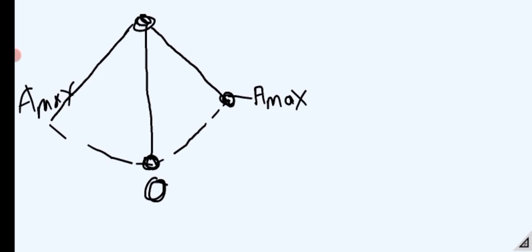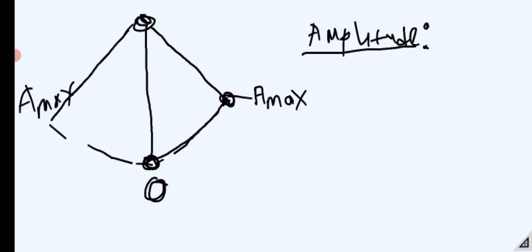Now we can represent this, or let's leave that for now. Now, what is A? Amplitude. Amplitude, you can write down. Amplitude is the maximum displacement from rest or the equilibrium position. The highest height this body can reach is the amplitude, right?